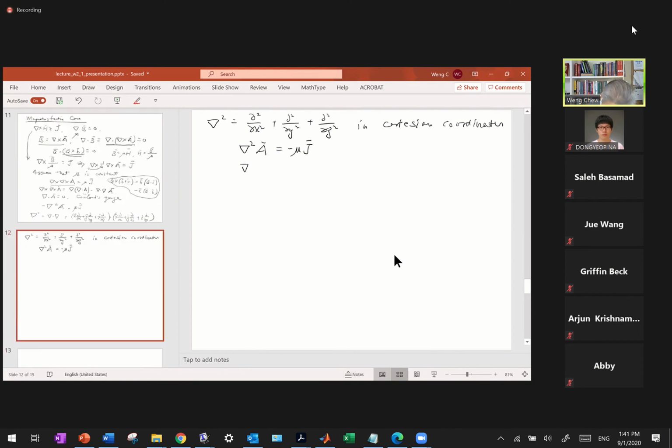For instance, I can write out the x component to be this, and then you can similarly do it for the y component. Sorry, this should be jx, and then this should be jy, and then we have minus mu jz.